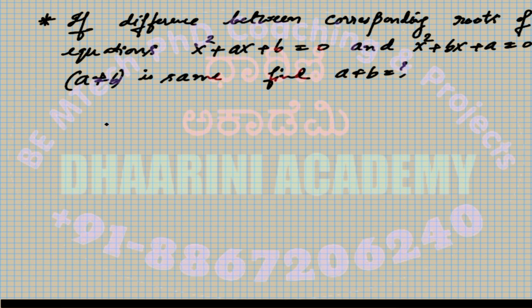Right, now let us assume we have two equations. Let us assume that the first equation x square plus ax plus b equal to 0 has roots alpha and beta.